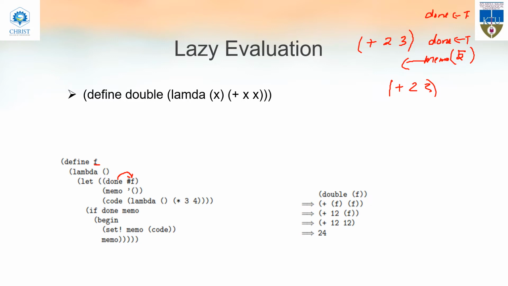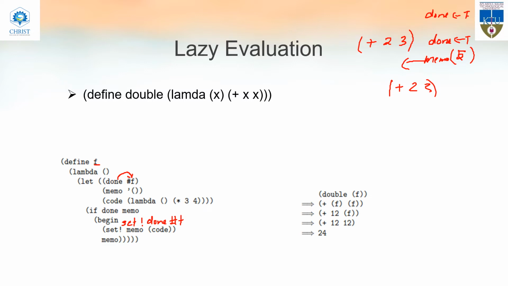If it is not true, then it will go to begin, set memo code. Set memo code means the code, that is star 3 4, is the resultant value, and it will be stored in memo, that is stored in the list. And there is one more statement, set done to true.